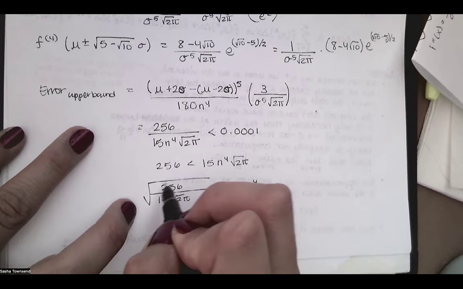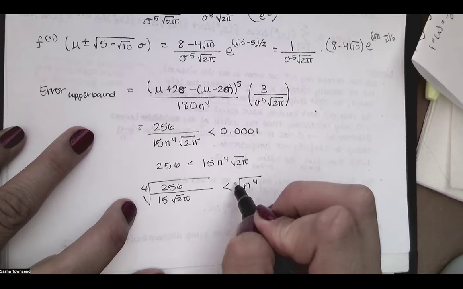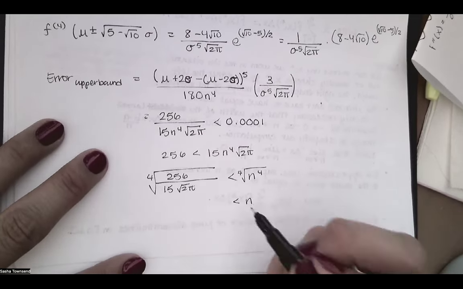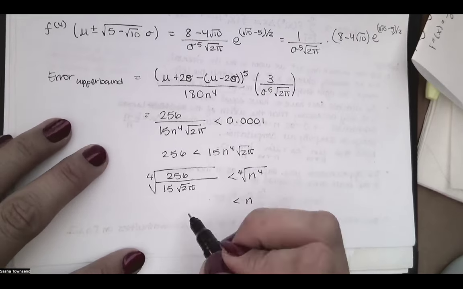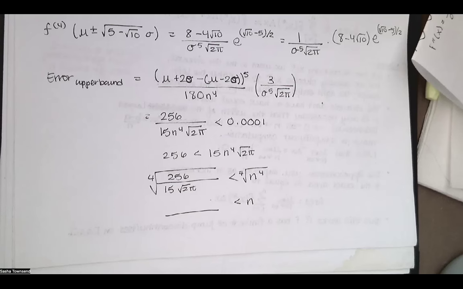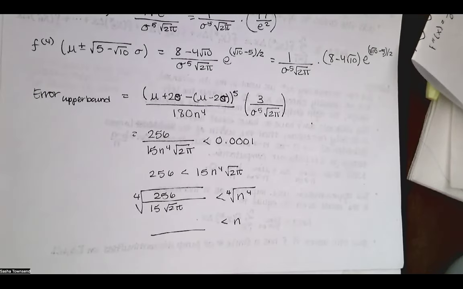And I want to take the fourth root of both sides, or raise both sides to the 1/4 power, same thing, right? And this is going to tell us n has to be greater than some number. I'll use the calculator to find out what that number is. And then we'll know that if we take that many subintervals, or a larger number of subintervals than that, we can get the approximation to be within 0.0001 of the actual value.